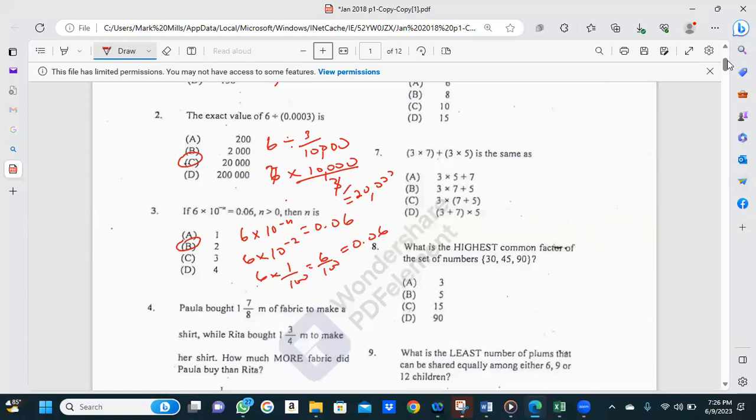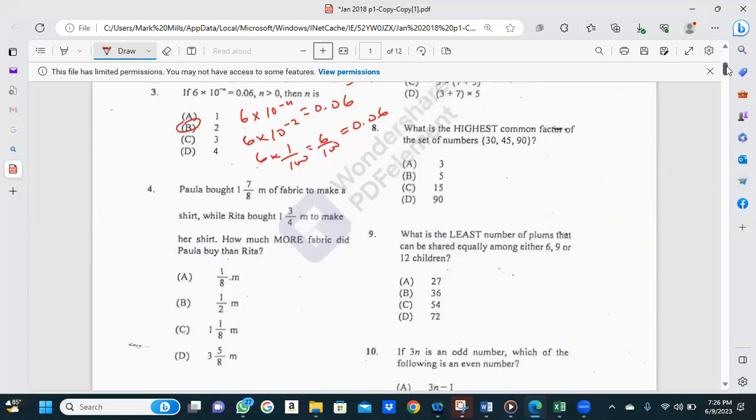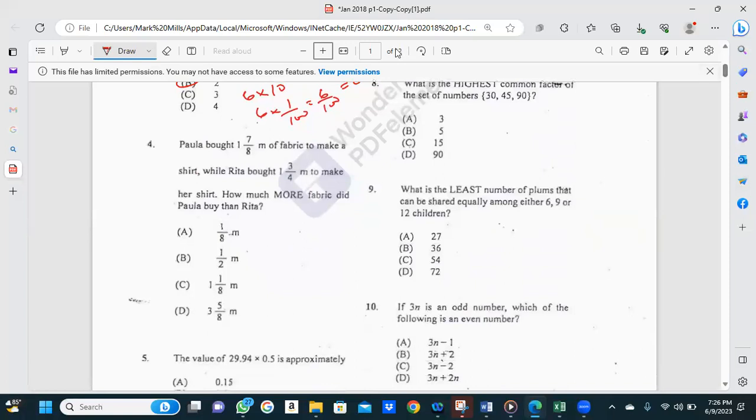All right. Let's go to the next question. Number 4. Paul bought 1 7/8 meters of fabric to make a shirt, right? While Rita bought 1 3/4 to make a shirt. How much more fabric did Paul buy than Rita?